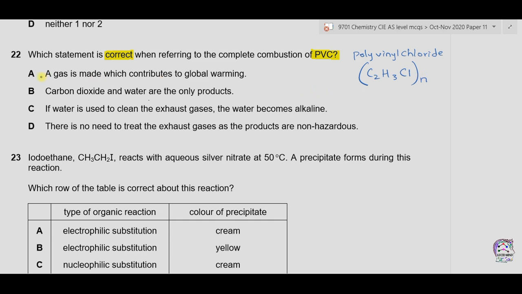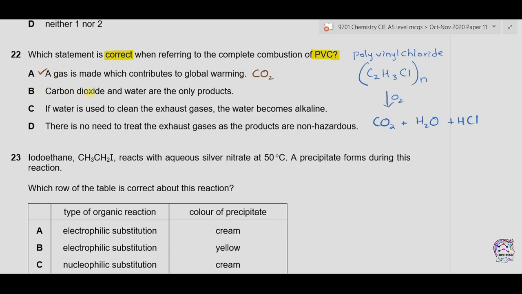Let's move towards option A. A gas is made which contributes to global warming. Let's find the combustion products of PVC. In the presence of oxygen, it forms carbon dioxide, water and HCl. Among the products, carbon dioxide is present, which contributes to global warming. So A could be correct.